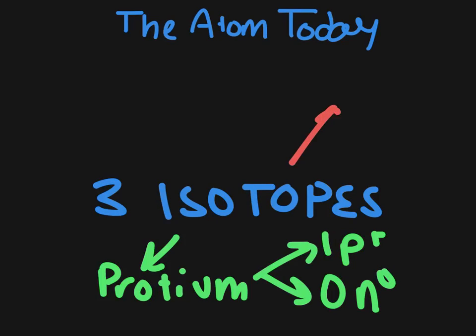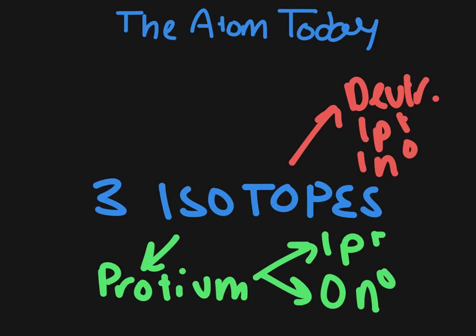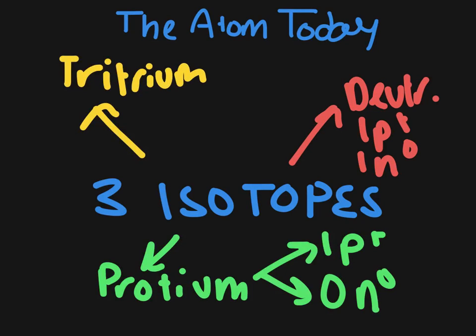The next one is deuterium, which has its 1 proton, but now it has 1 neutron. And the final one is tritium. So this one has 1 proton, but it also has 2 neutrons.